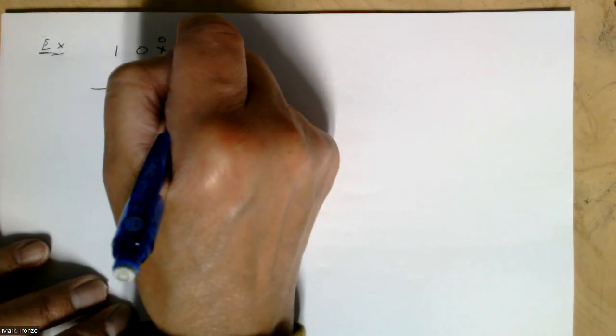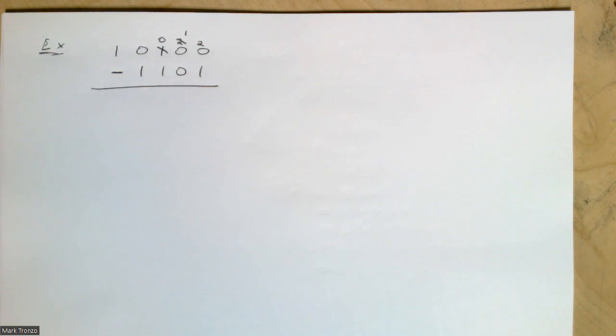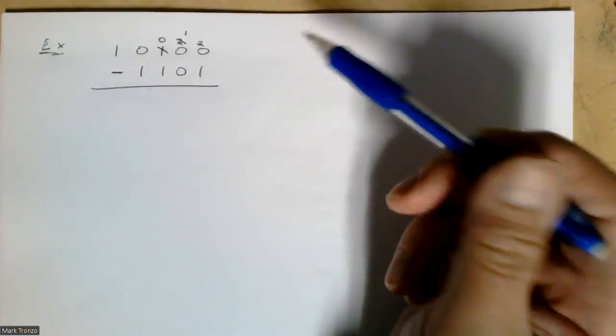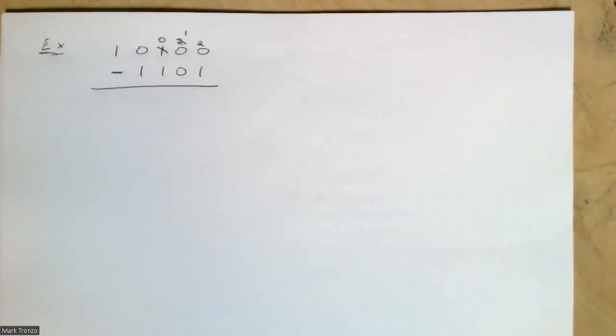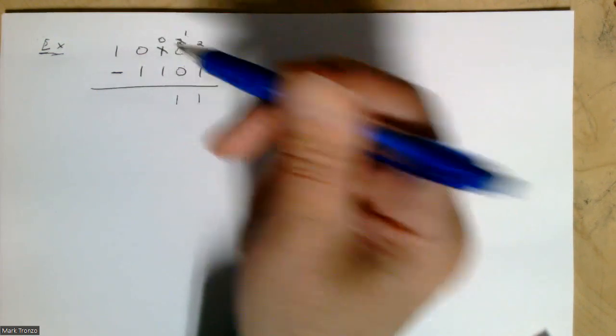And again, to borrow, we want to borrow 1 from that. And once again, you're going to bring a 2 over. So again, 2 minus 1 is 1. 1 minus 0 is 1. Now over here, once again, we can't do this one. So we have to borrow again.